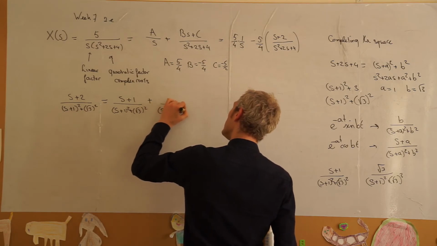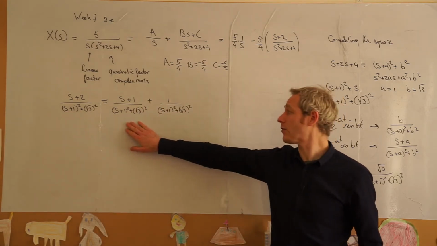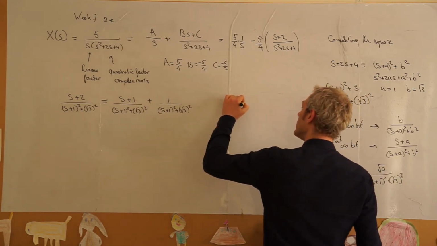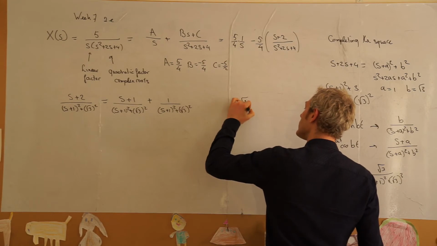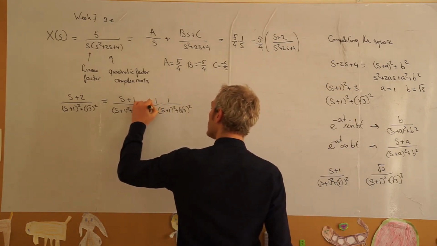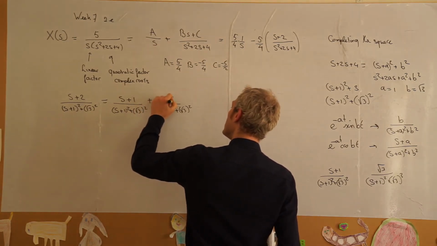And then we are almost there, because now this part is in the correct form, but this one isn't. But I'm just going to multiply it by square root of 3 over square root of 3. And what I get is 1 over square root of 3 times the square root of 3 here.